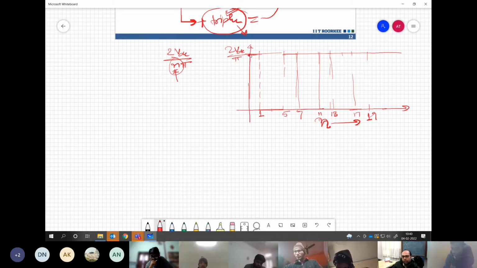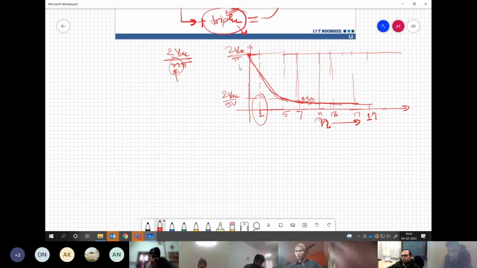So starting from here, if this is 2 VDC by pi, for 5 you will see 2 VDC by 5 pi. For 7 you will see 2 VDC by 7 pi. For 11 it will be 2 VDC by 11 pi. So basically the harmonic magnitude is reducing with the harmonic number. That is how these harmonics are placed in terms of magnitude in the waveform.